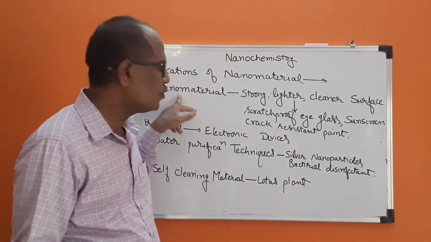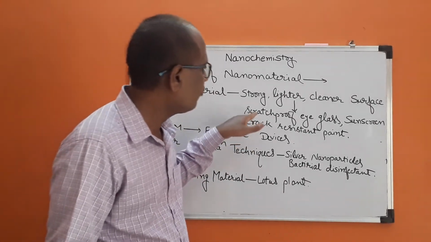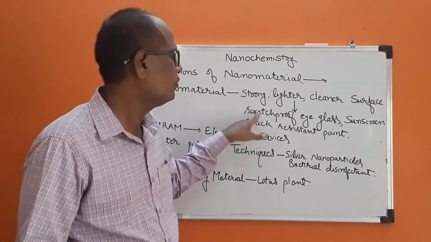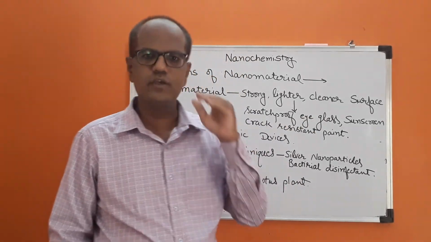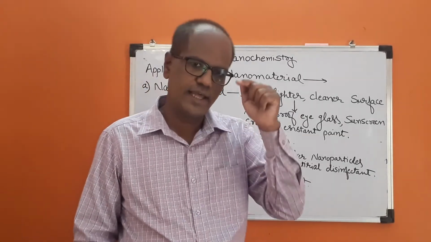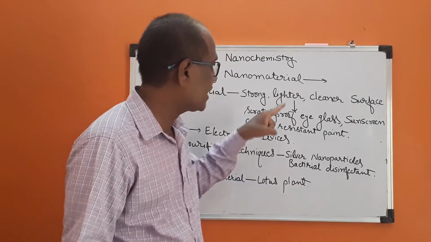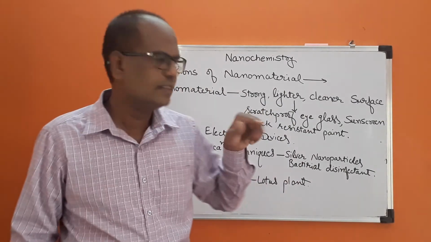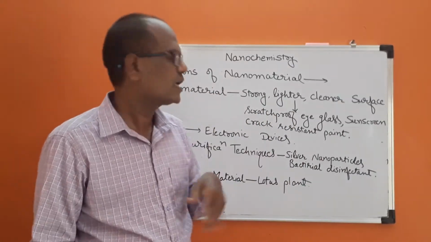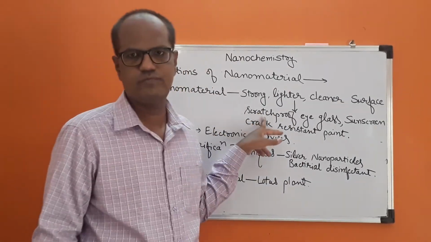Therefore, nanomaterial can be used for manufacturing scratch-proof eyeglasses. Whatever your eyeglass is, as we are getting a strong surface, that eyeglass surface can be made scratch-proof.